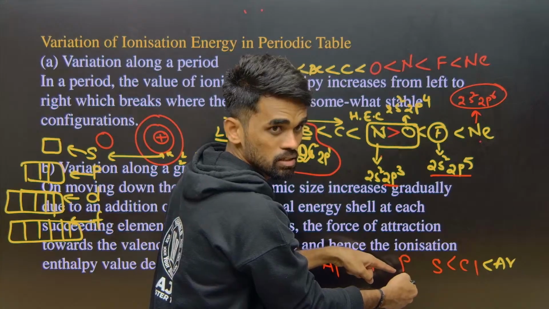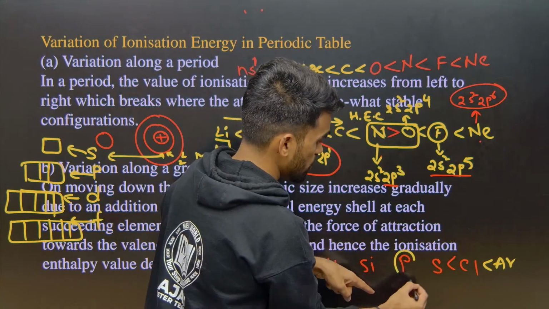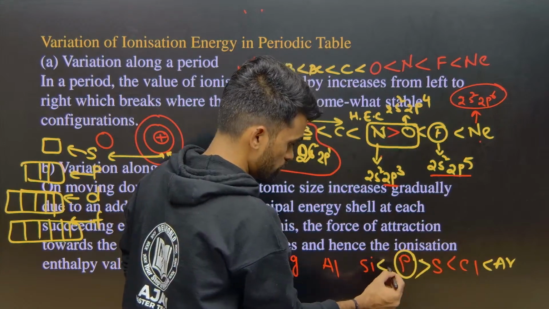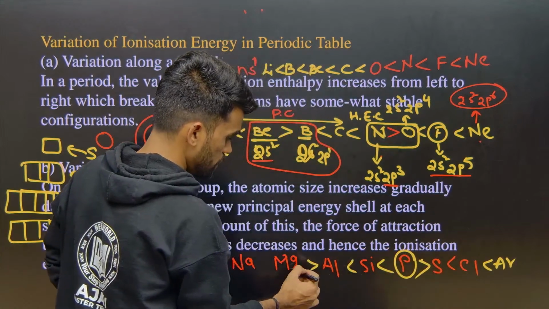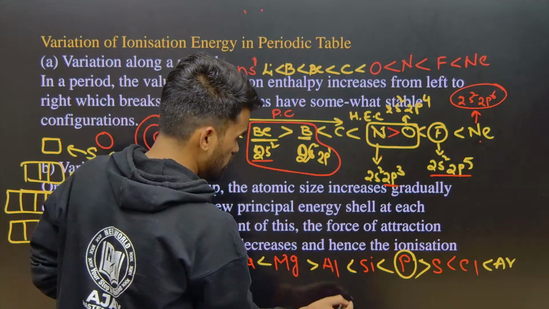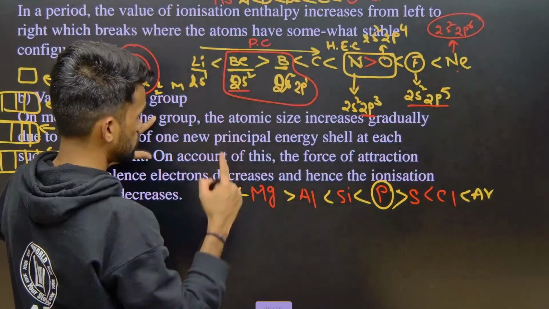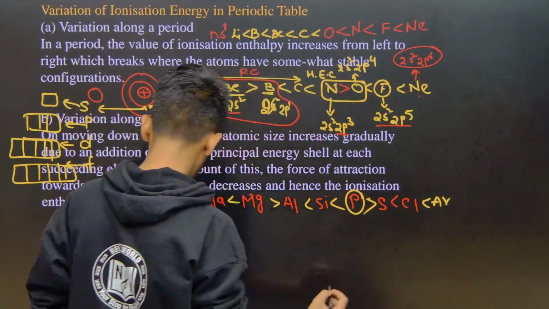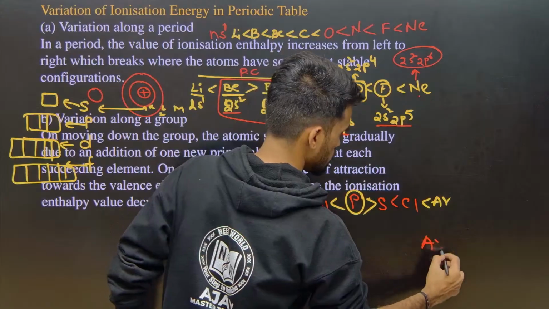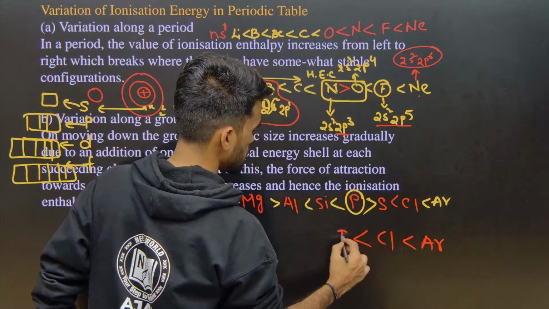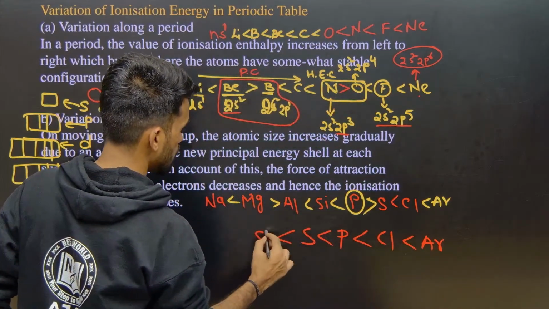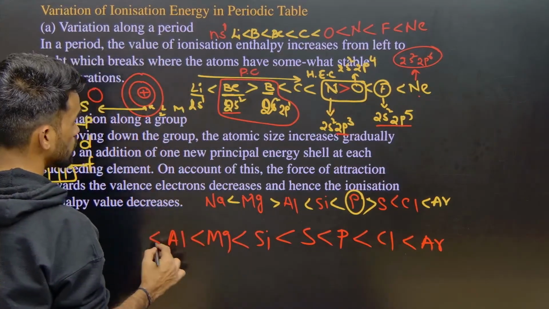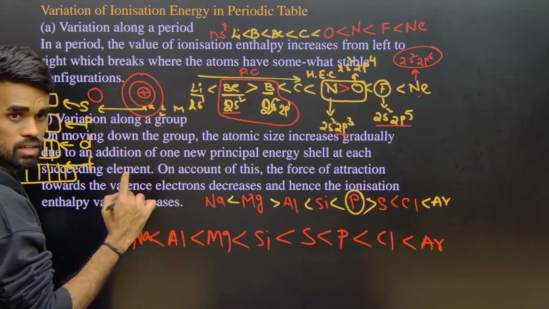So phosphorus has a half filled configuration, so it is higher. Now tell me the overall order, I mean some simplified order. Argon highest, chlorine, phosphorus, sulfur, silicon, magnesium, aluminum, sodium. Is that clear?